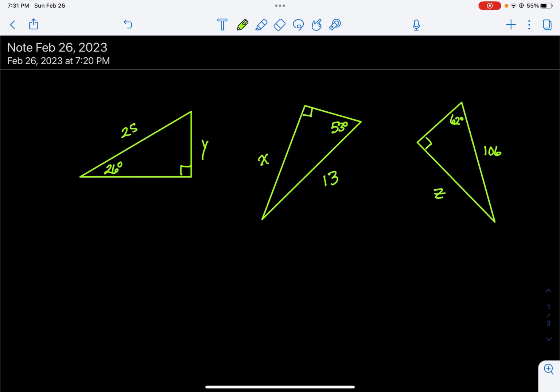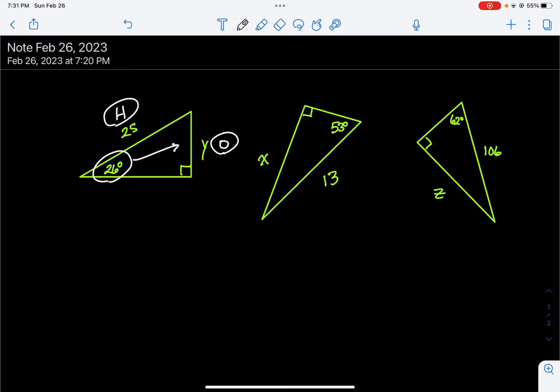So the first thing that you guys already know how to do is basic SOHCAHTOA and solving for missing sides, right? If you look at these triangles here, we've got an angle, we've got our opposite side over here, here's my hypotenuse.